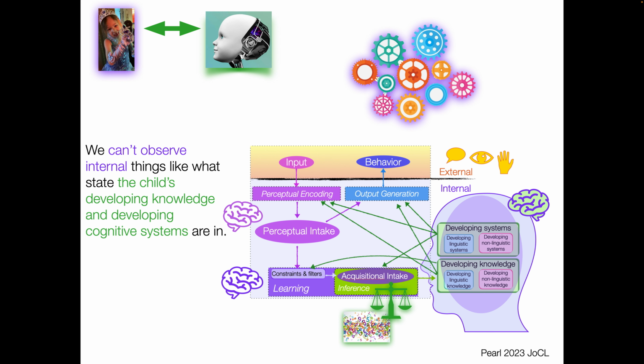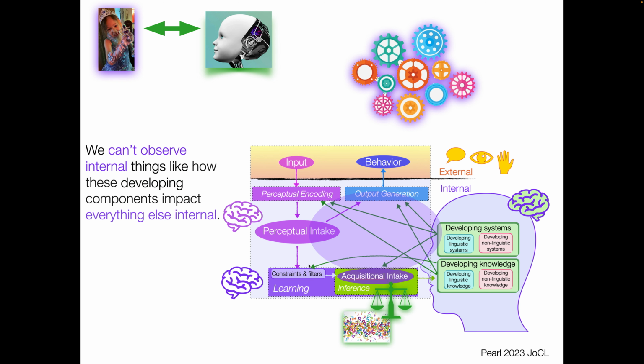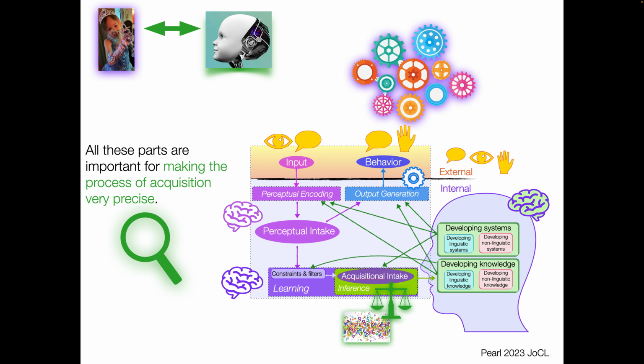We can't observe internal things like what the child's developing knowledge and developing cognitive systems, like what state they're in. We can't observe how they impact all the other internal stuff that we can't observe. We can't observe how the child actually generates the output that we do eventually observe in the external behavior, right? There's all this stuff that we can't observe that's important for understanding the process.